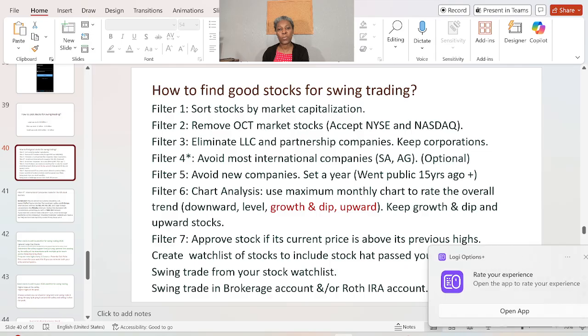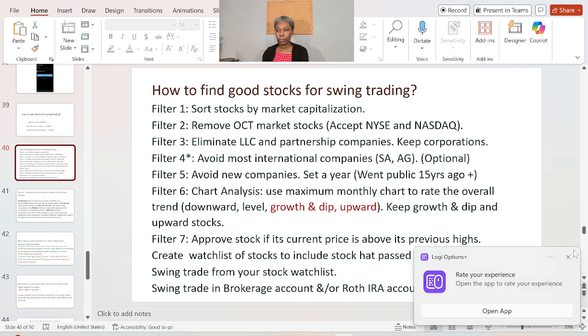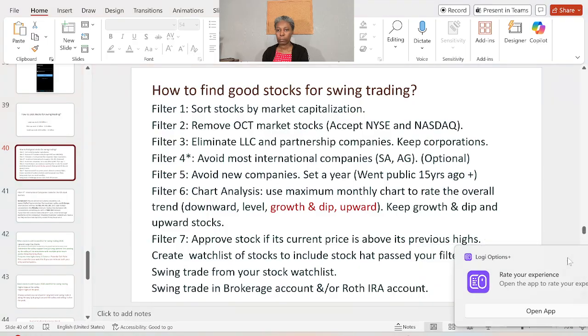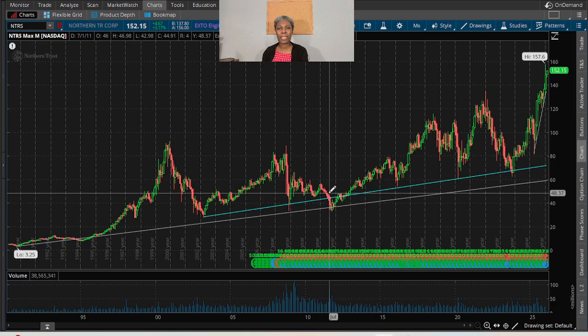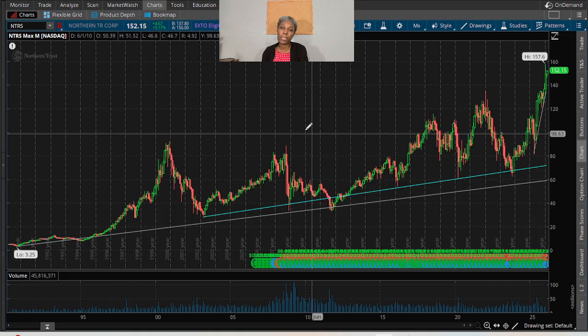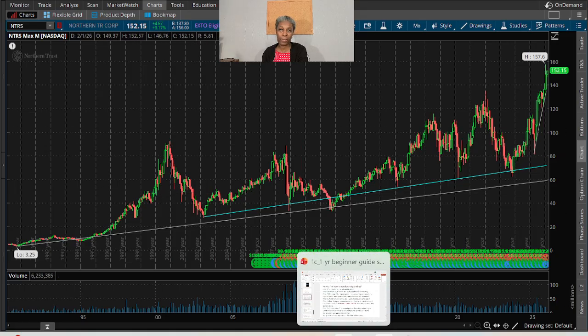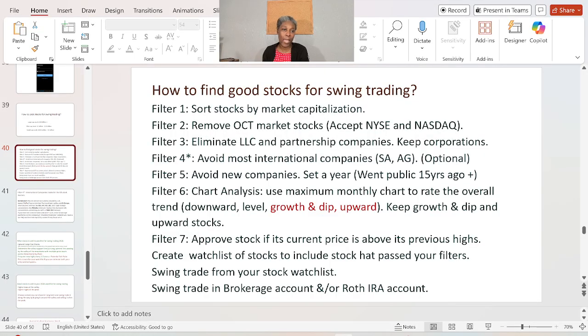And some of them that are downward or level, I'll take them out, and I like to keep growth and dip or upward. It is the maximum monthly analysis that will help you determine if those stocks show consistent growth, and that is the way I try to judge them.